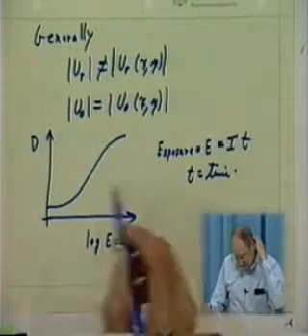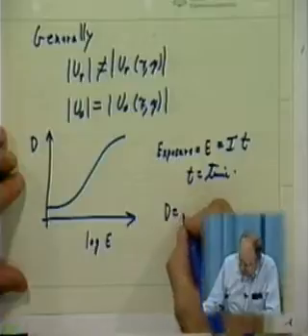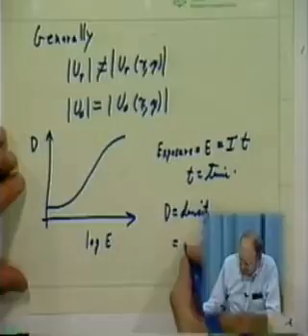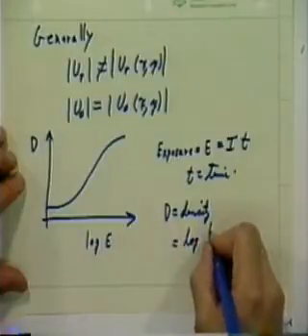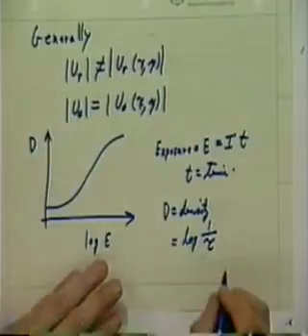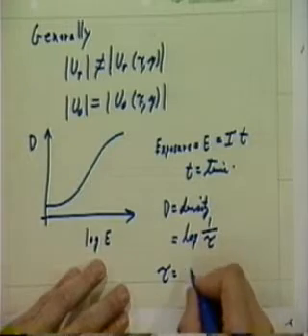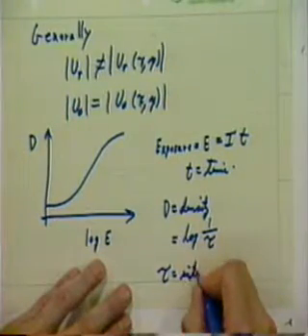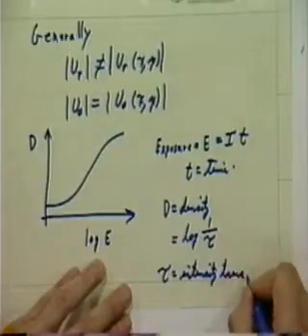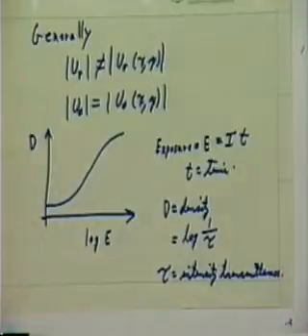And this is the density here, and that's defined as log of 1 over the intensity transmittance. So tau here is the intensity transmittance. Okay.